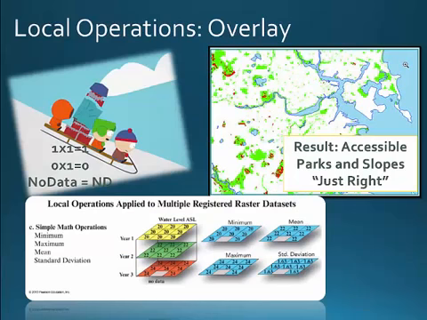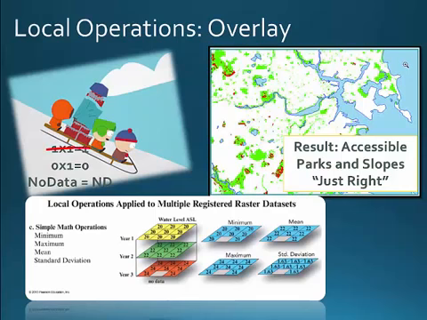Raster map overlay is when local operations are applied to multiple raster layers, also known as map algebra. Back to the sledding example, say we multiply the slope layer by the parks layer, equaling a new grid. For the slope, 1 was optimal slope for sledding. For accessibility, 1 was accessible.